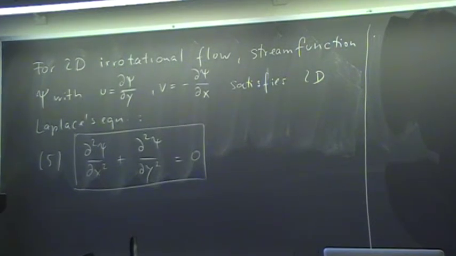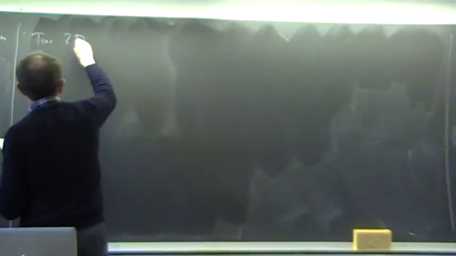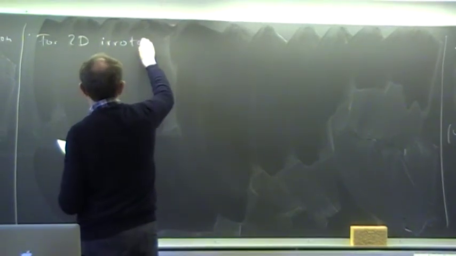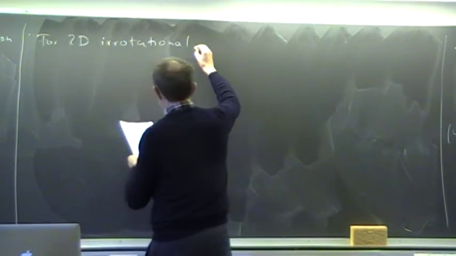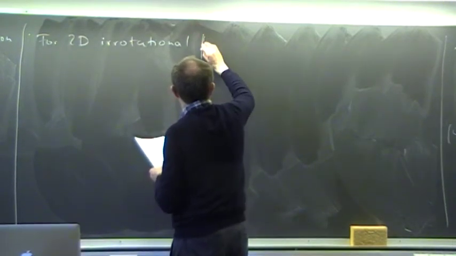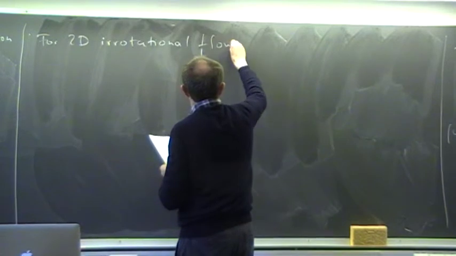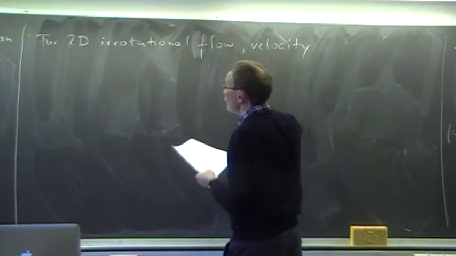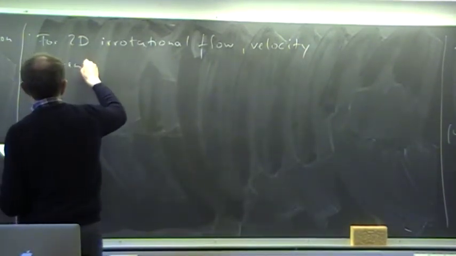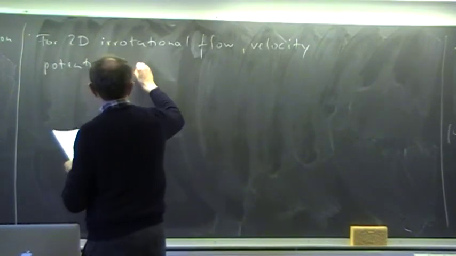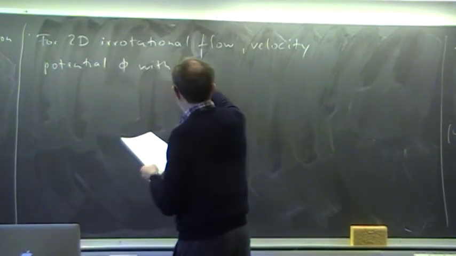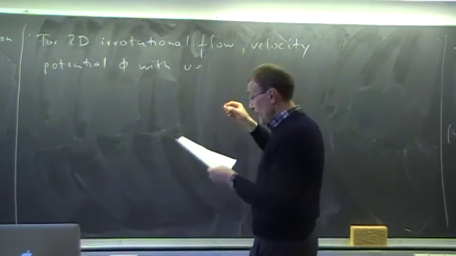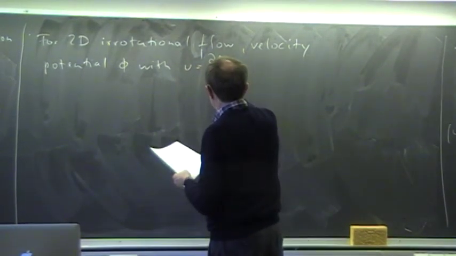but as soon as the flow gets separated, it's no longer physical, because viscous effects are important. Again, for 2D irrotational flow, we can also have a velocity potential phi, and that is connected to the velocity, that the velocity is equal to the gradient of the velocity potential.